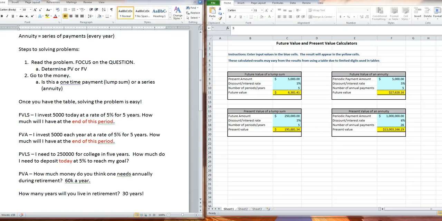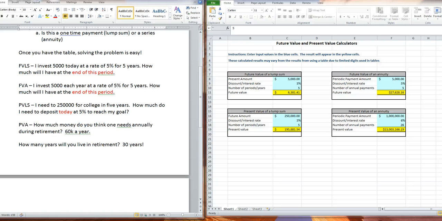So if you can picture this timeline, and the timeline has 30 tick marks on it, and every tick mark is $60,000. So we have 60K in year 1, 60K year 2, and so on.